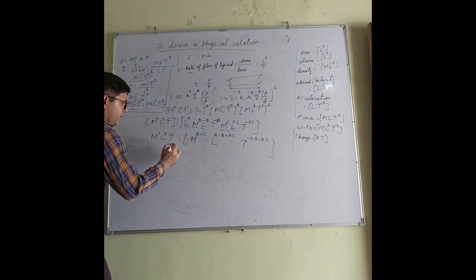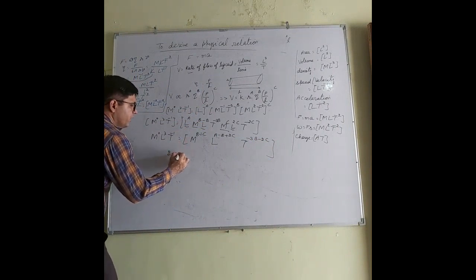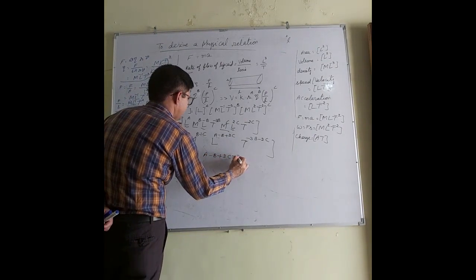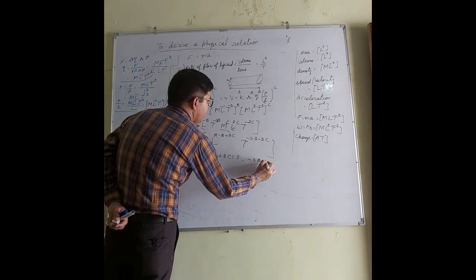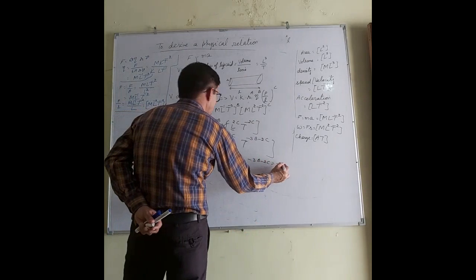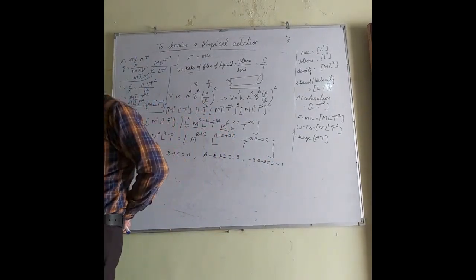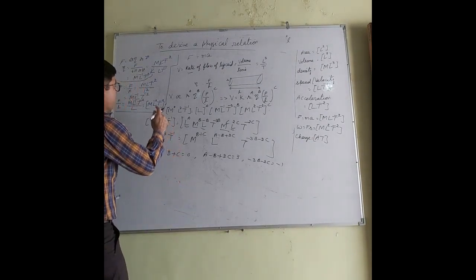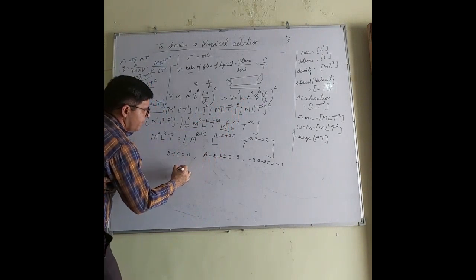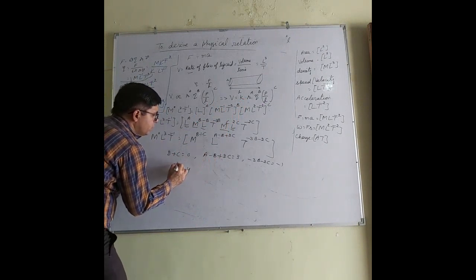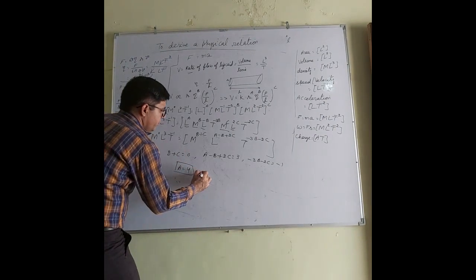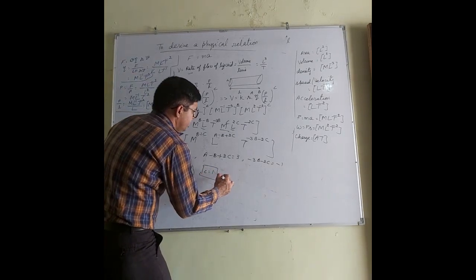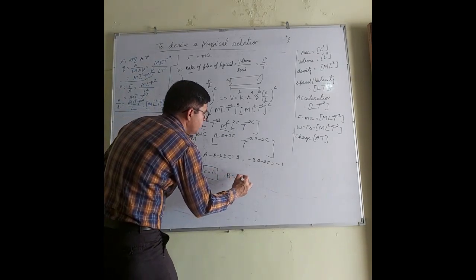Now comparing powers on both the sides, B plus C is 0, A minus B plus 2C is 3, and minus 3B minus 2C equals minus 1. If you solve this, what you will get? You will get that A equals 4, C equals 1 and B equals minus 1.